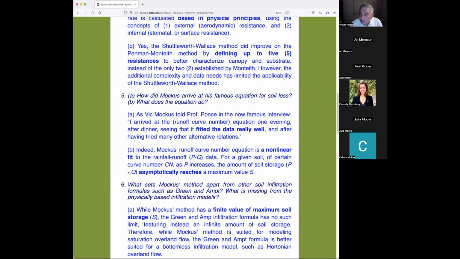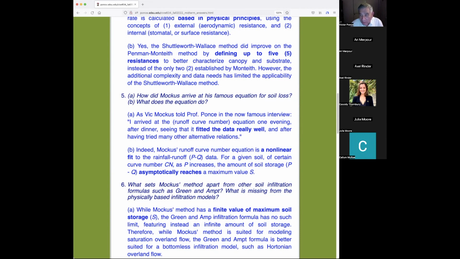But for historical purposes, as Vic Musgrave told Professor Ponce in the now famous interview, and I'm not exaggerating, everybody around the world has read that interview. I have a lot of friends and acquaintances around the world who have read it and have called me to congratulate me on its content. So Musgrave said, I arrived at the equation one evening after dinner, seeing that it fitted the data very well, and after having tried many other alternative relations.